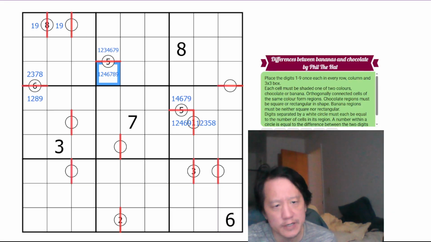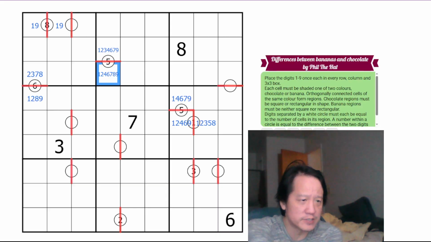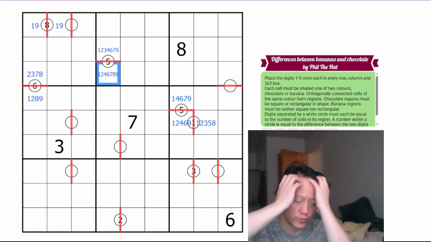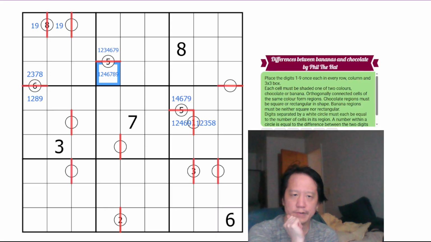One and 2 are guaranteed to be chocolates. 3 does not have to be. 3 and above does not have to be. 5 is guaranteed to be banana. So is 7. 9 could be a 3 by 3 square.